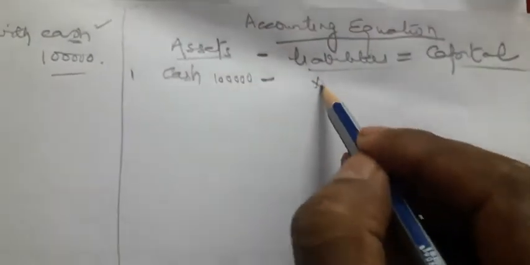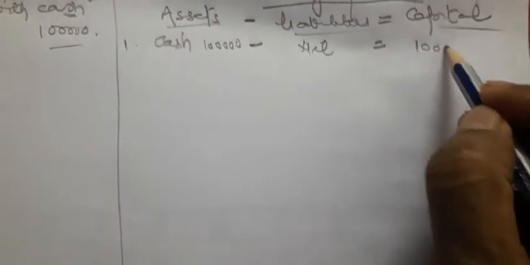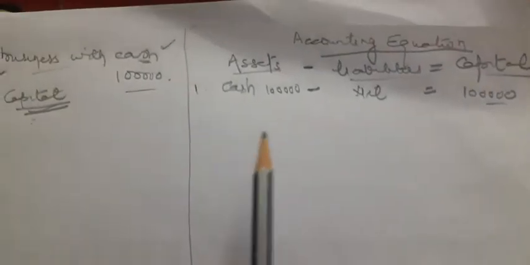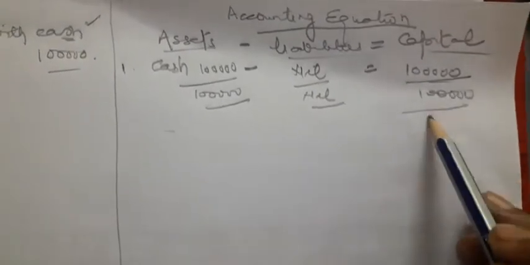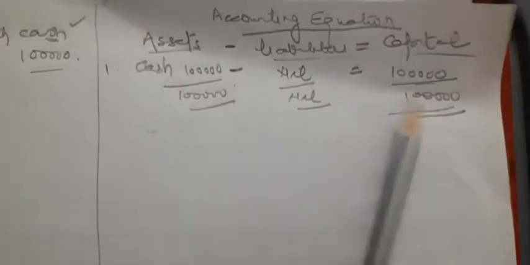There are no liabilities involved in this transaction, and the cash that has been invested in business is known as capital, so capital is rupees 1 lakh. Now when we total this equation, total assets are 1 lakh, liabilities are nil, and capital is 1 lakh. So left hand side is equal to right hand side.